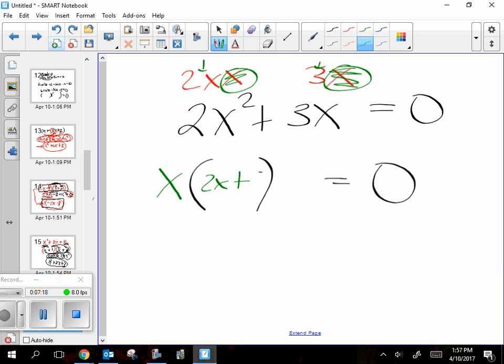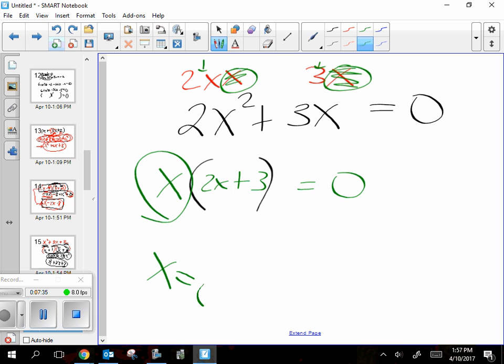2x plus 3. Nice. Now the last step in this kind of problem, after you've factored them: if this truly is two things being multiplied and equaling 0, then either this part's 0, x equals 0, or this part's 0, 2x plus 3 equals 0.